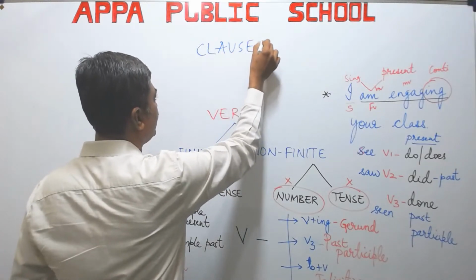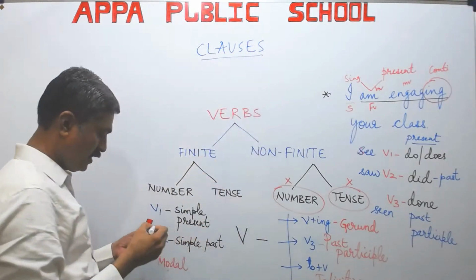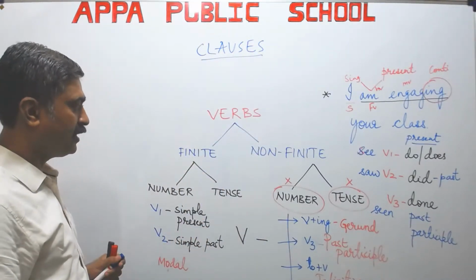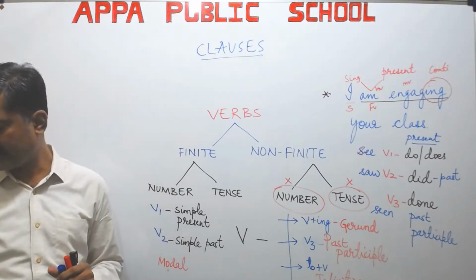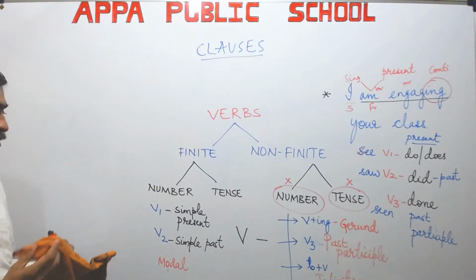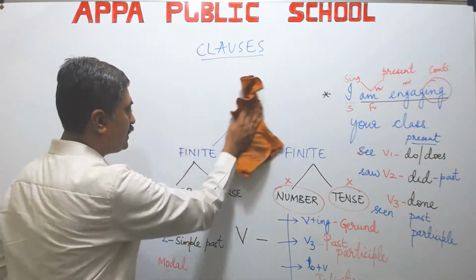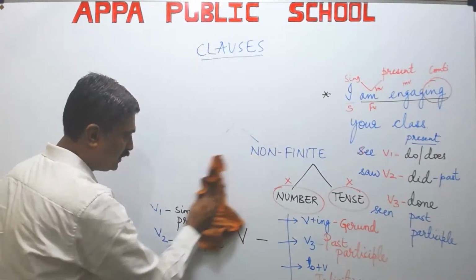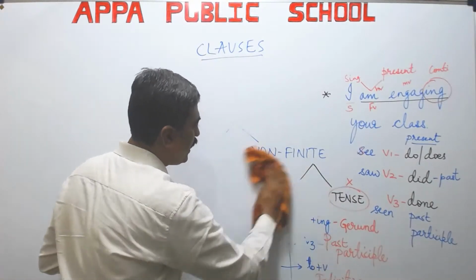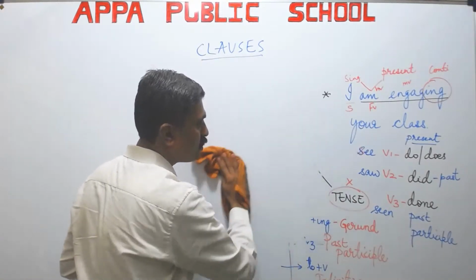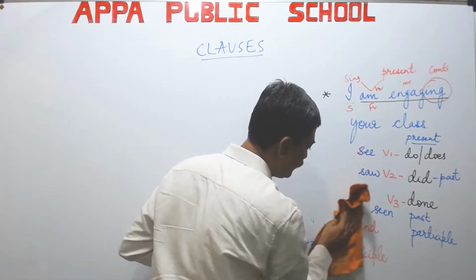Those who have joined a little late can just take a look at the title. So this is what we need to remember about finite and non-finite verbs. So having done with this, let's move on to the next part, and that is about analyzing the sentence from the structural point of view.